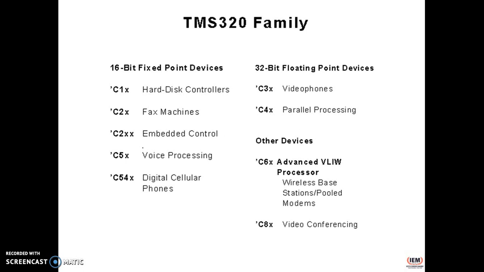Now we come to the next series, that is C8x. The C80 is the first processor in this range. It has parallel processing on a single piece of silicon with 4 advanced DSPs, or ADSP, and a master processor.